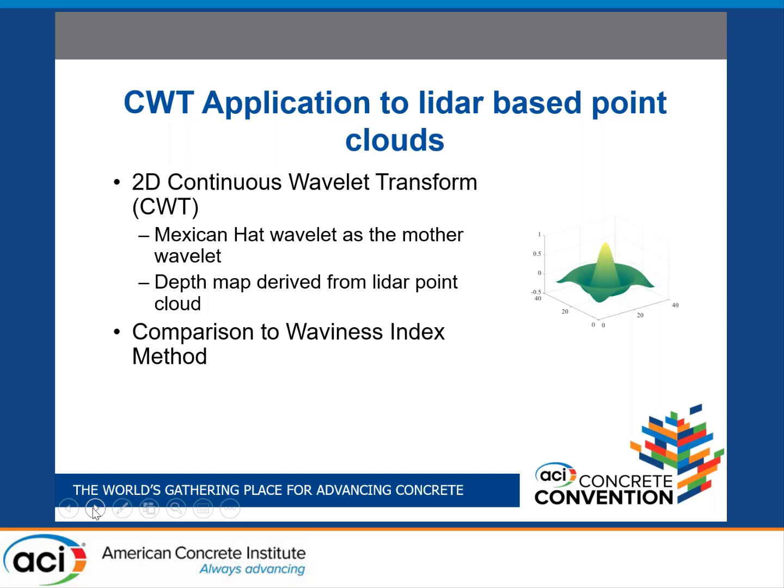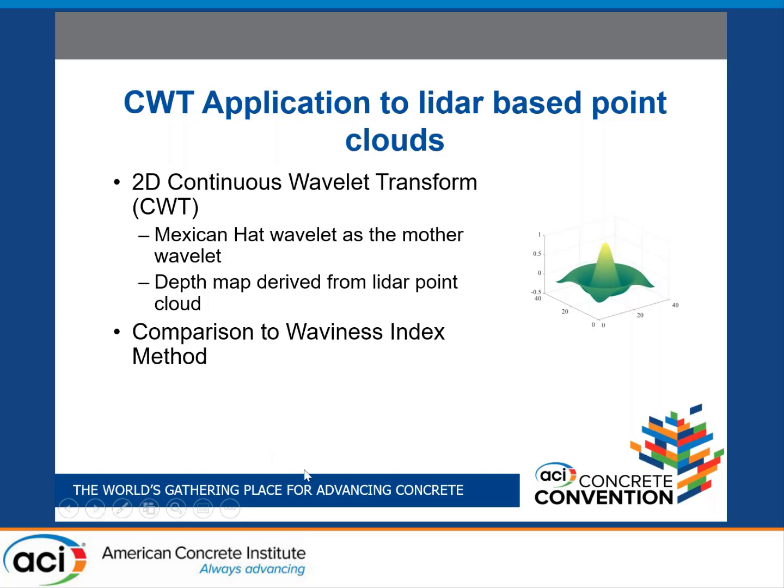I'm not going to get into the mathematical details of wavelet transformation, but it has a wide range of applications in engineering, some of which include seismic signal analysis, sound pattern analysis, and quantum mechanics. The continuous wavelet transform of a given function is basically the inner product of the function with the scaled and shifted versions of the mother wavelet.